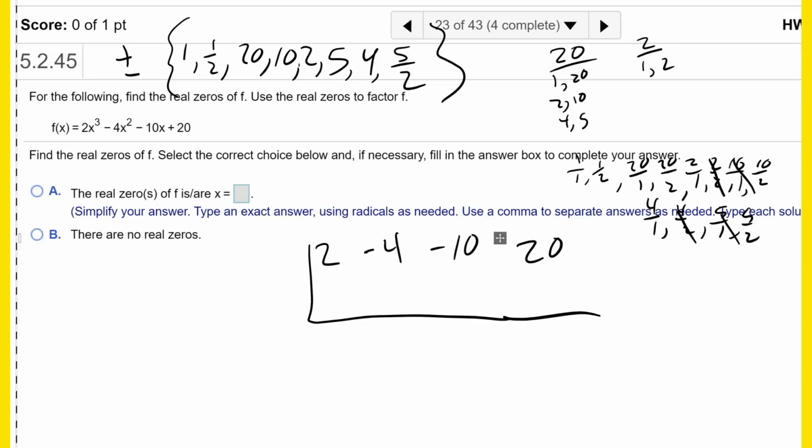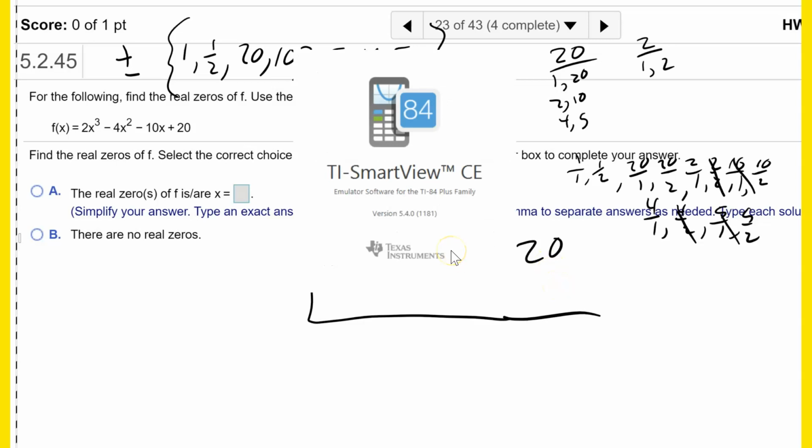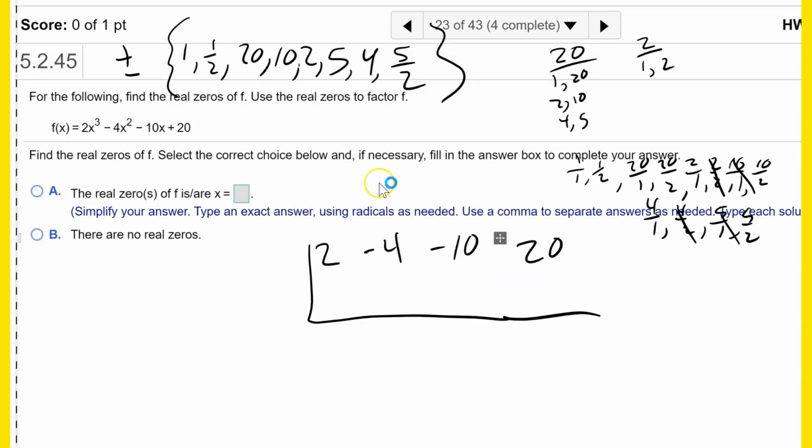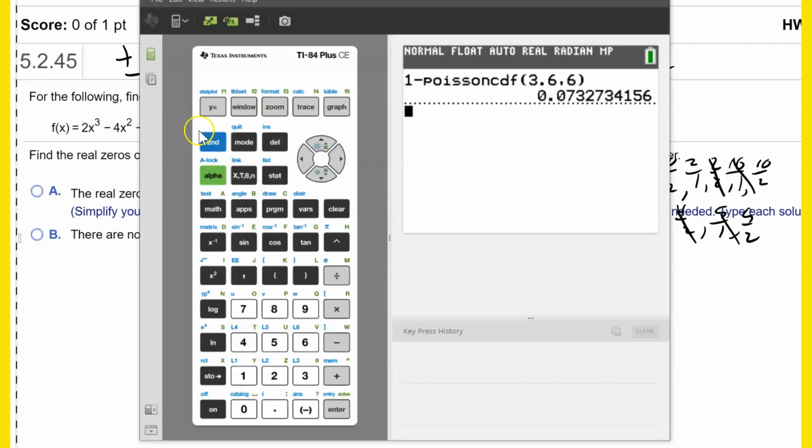But there is an easier way for you because you have a calculator. If you go to your calculator, wait for it to pull up here. You can just type in this.